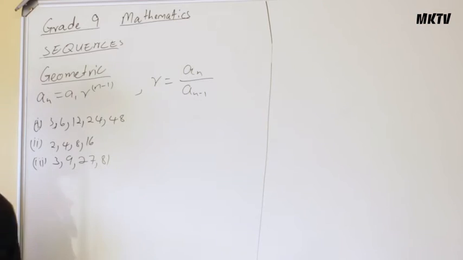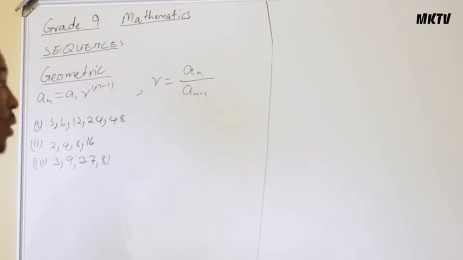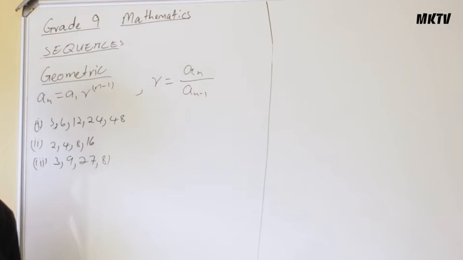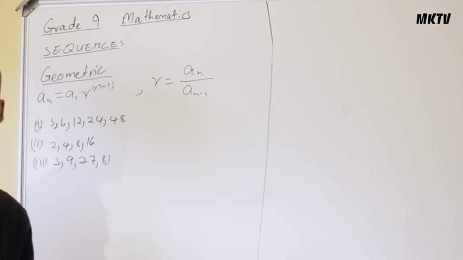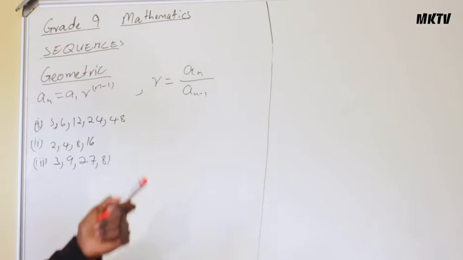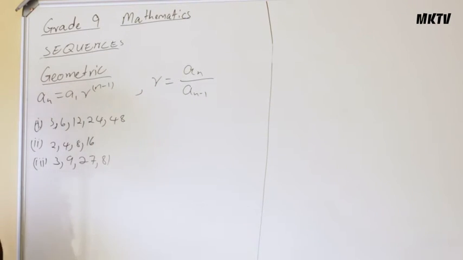We remember that this first term cannot be 0, because anything multiplied by 0 will be 0. That says we will never get a sequence that has different terms.